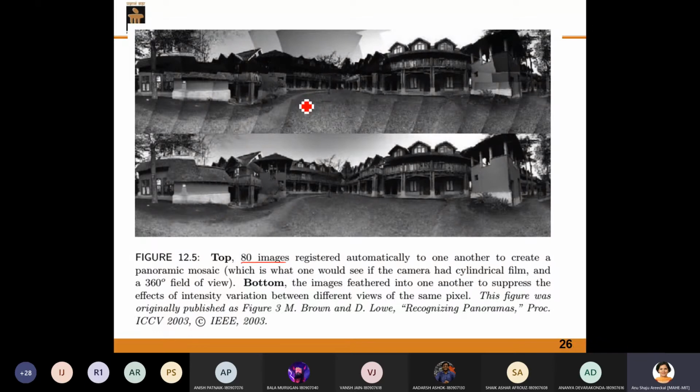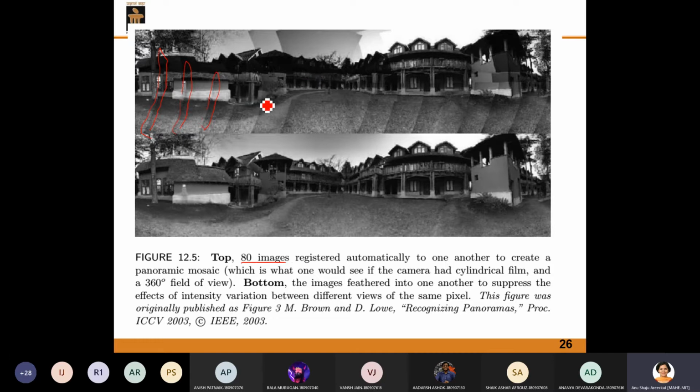When you immediately try to register these images and form this larger picture, you see these boundaries over here, right? The presence of boundaries is very evident in all the images, and that is something which we do not desire in our image.